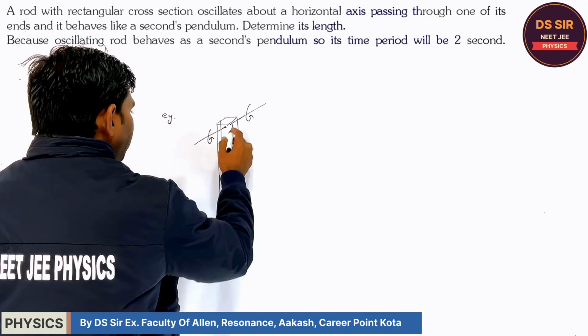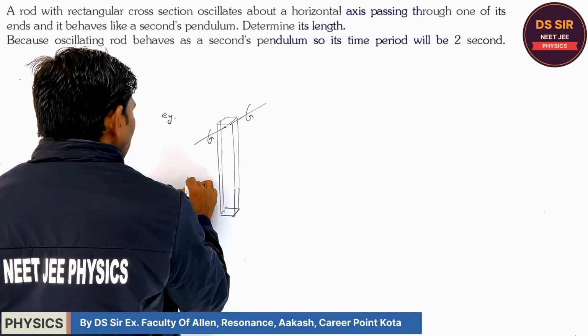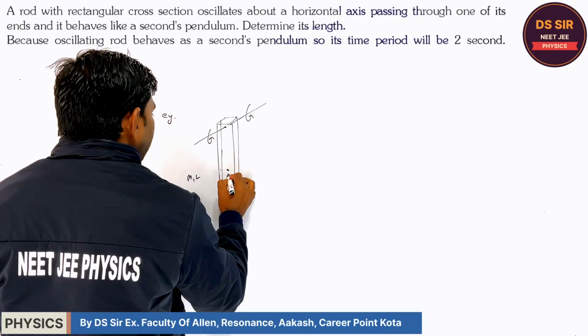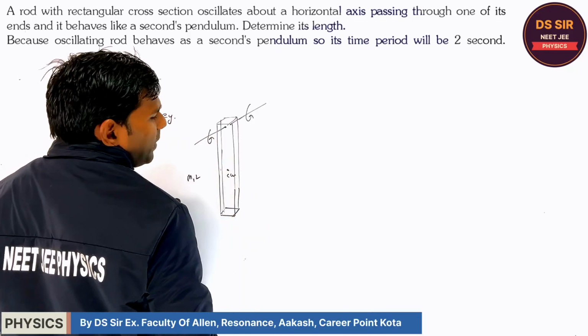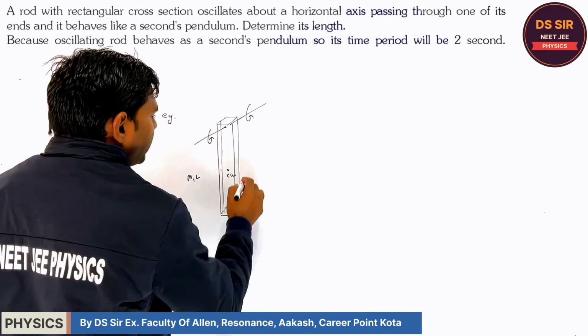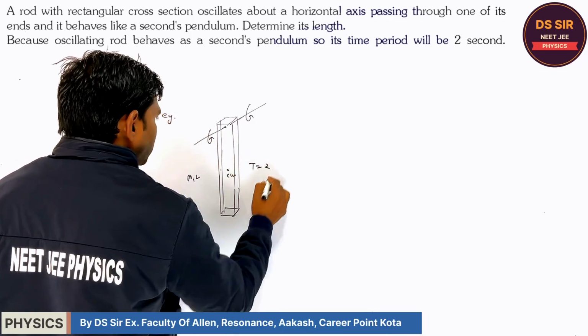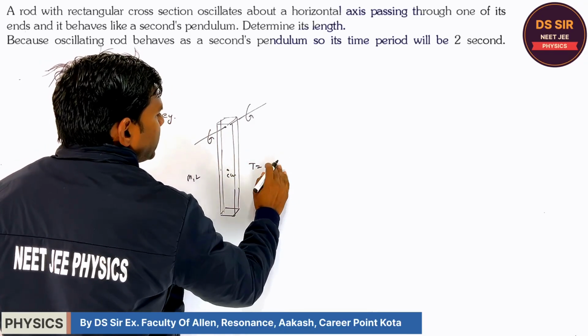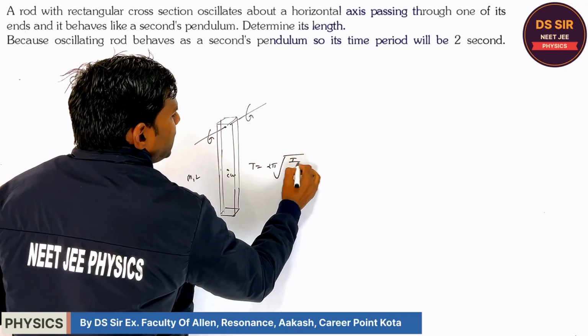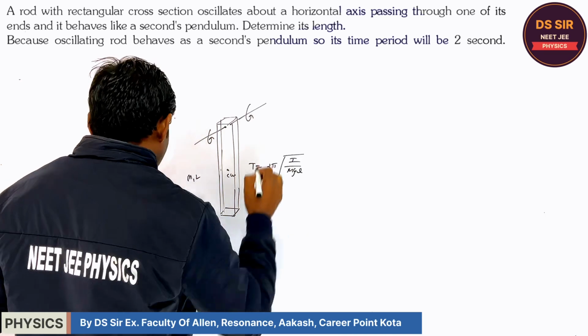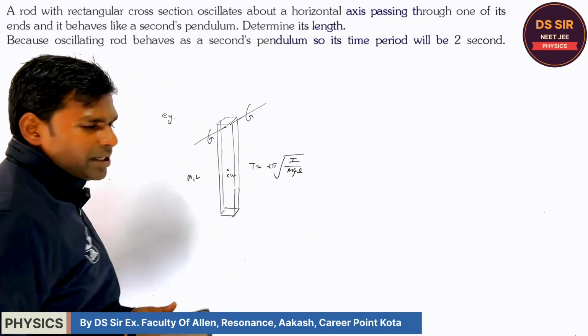Passing through one end, the rod is assumed to have mass m and length L, and this is the center of mass. Through one edge, it behaves like a second pendulum. If it behaves like a second pendulum, then the time period is 2 seconds, equal to 2 pi root I upon mgl. Determine its length.